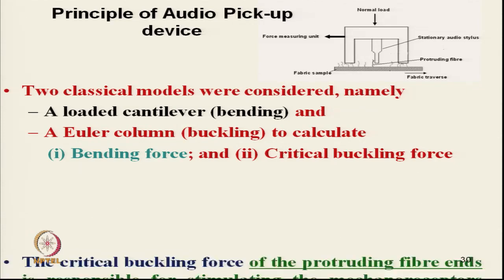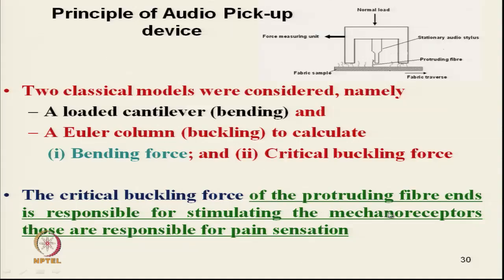This shows that the critical buckling force of the protruding fiber ends is responsible for stimulating the mechanoreceptors, those responsible for pain sensation, that is the prickle sensation. It gives an idea, and this is the model.